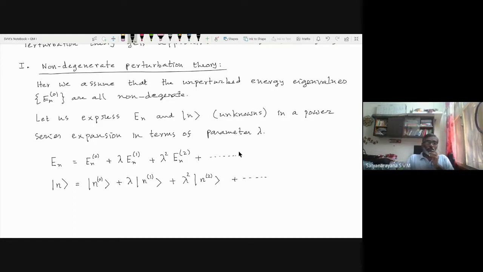So this is basically a proposal. That means we are trying to say that this En can be unperturbed energy plus a first order correction, second order correction, and so on.